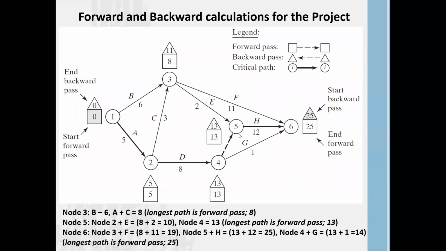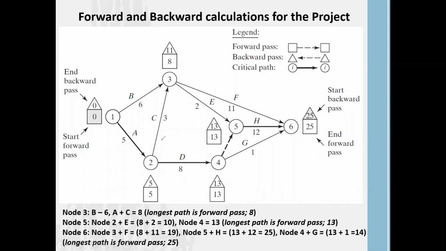Moving on, this is another example. I'm not considering the previous one. This one also appears in your textbook. Here we have a few things in our network. You can identify nodes and arcs, that means paths. This is the starting point of the project and this is the finishing point.